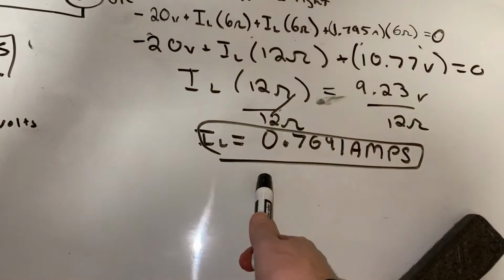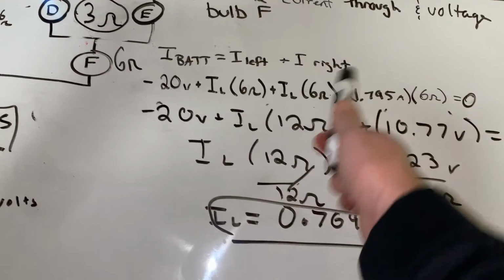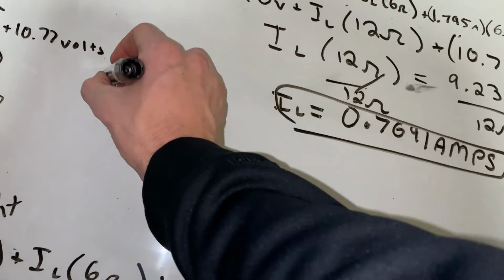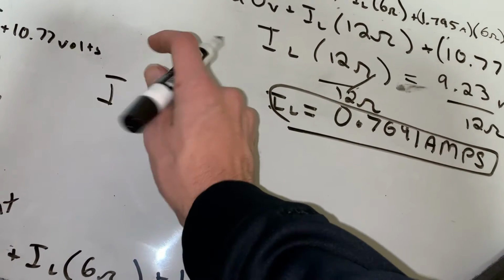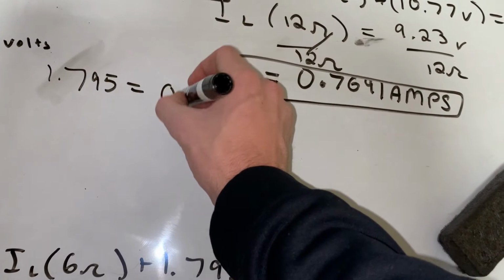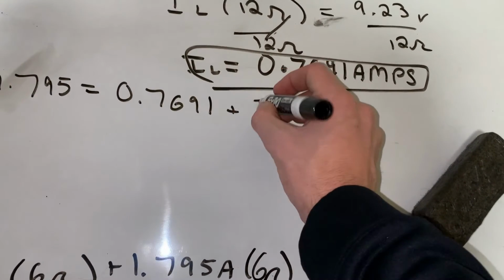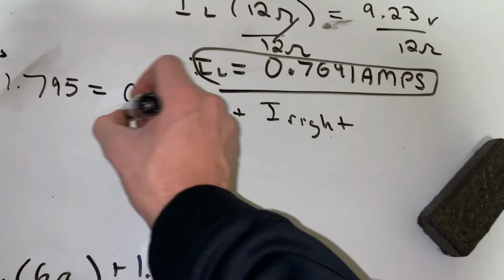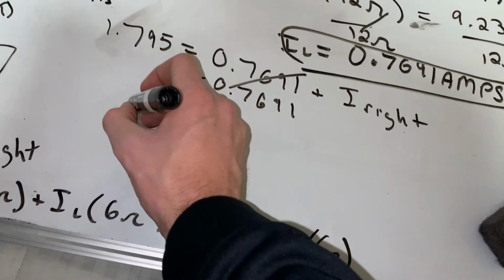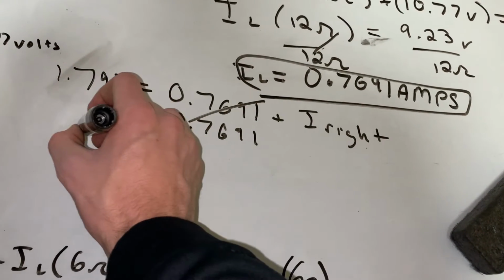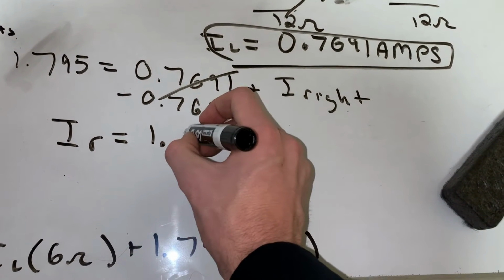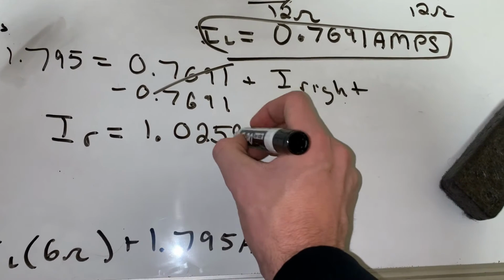So now we can use this equation to solve for I right, the current through F. So we have I battery, which is 1.795, equals 0.7691 plus I right. Subtract this, subtract that, we find that I right comes out to be 1.0259 amps.